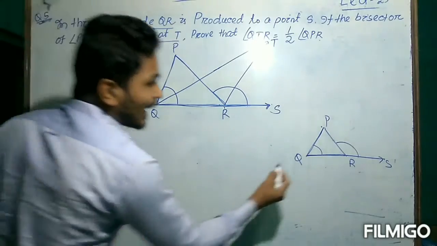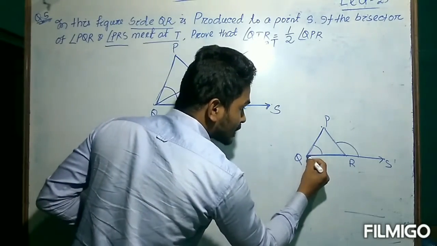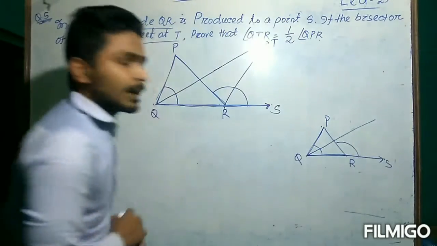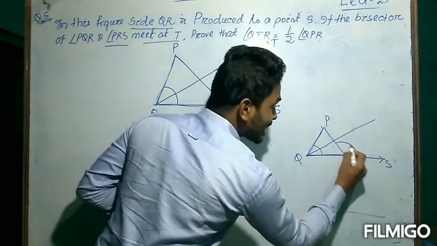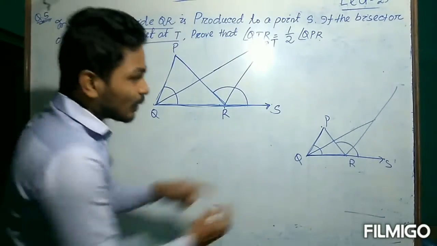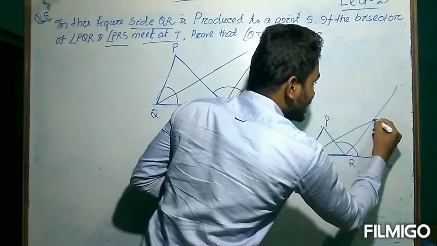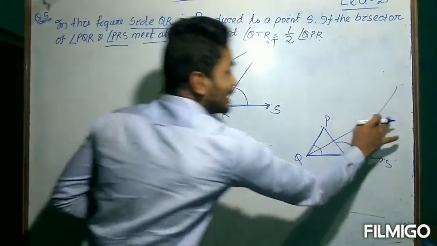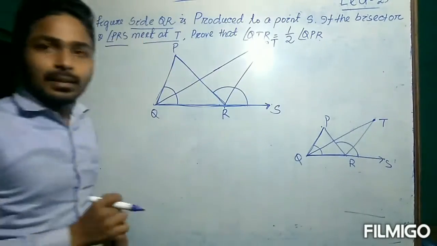These two angle bisectors meet each other at a point T. It is given in the question.